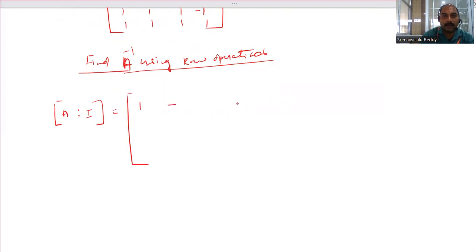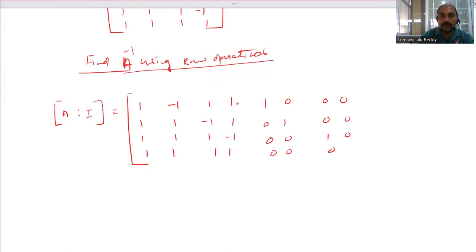The A matrix value is this. Then, after the dotted line, you write down the identity matrix: 1, 0, 0, 0; 0, 1, 0, 0; 0, 0, 1, 0; 0, 0, 0, 1.